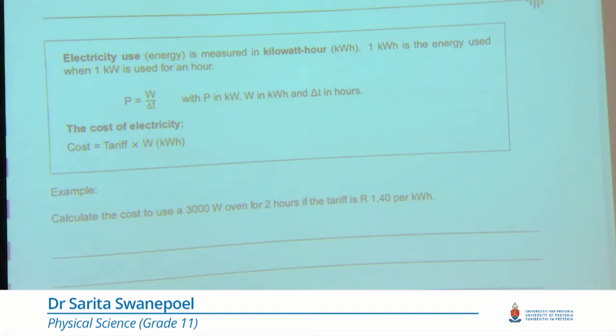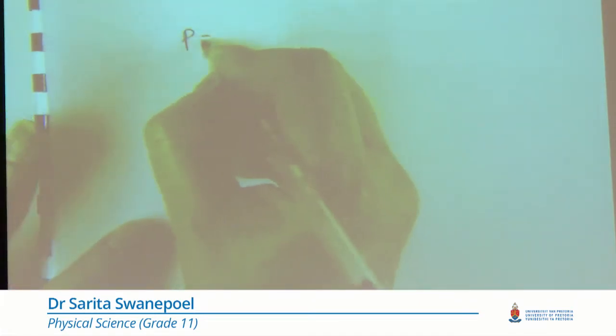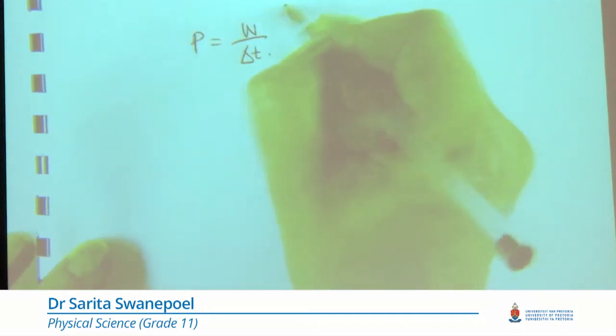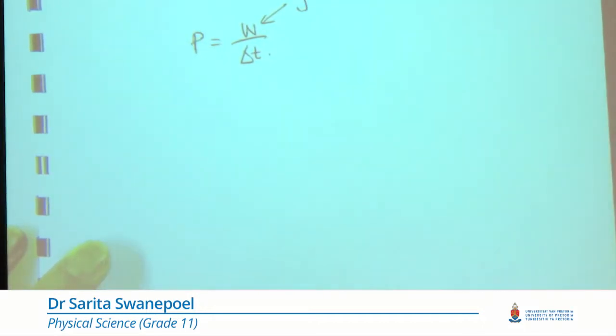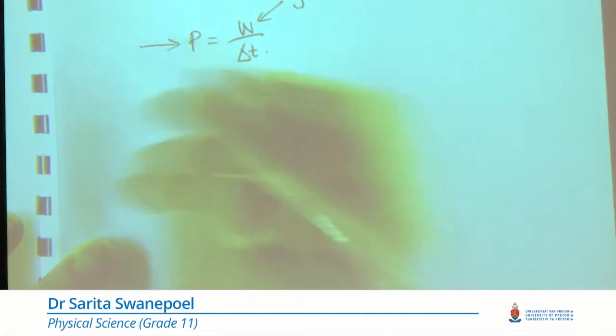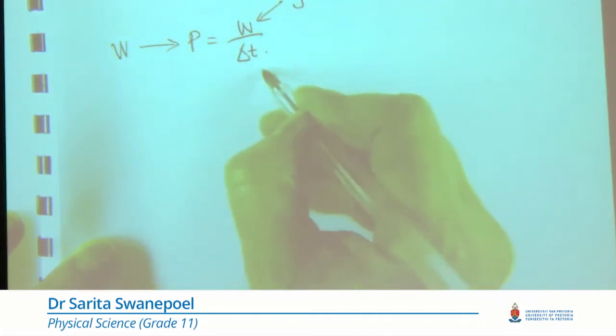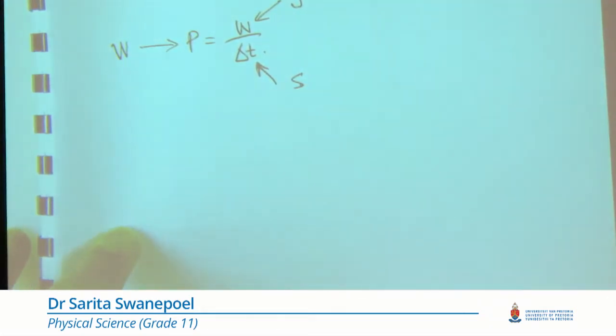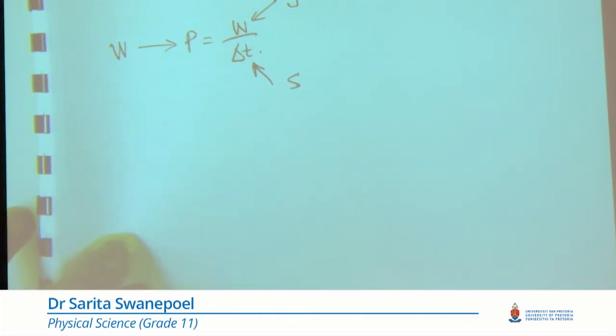Now we used to say P equals W over delta T, right? We used to have that one in joule, right? And power we measure in watt. And time we measure in seconds. But now if you want to do your electricity bill, then you can't work like this, right?